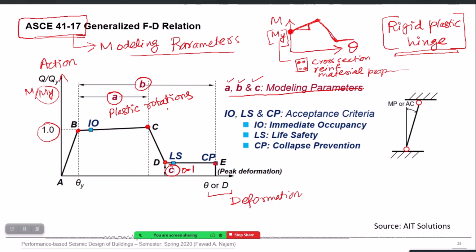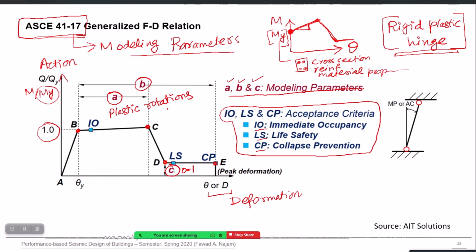The second thing which ASCE 41 also provides is called the acceptance criteria, or the capacities, and it provides three numbers actually, each corresponding to a particular performance level. There are three standard performance levels we generally use in the performance based design of reinforced concrete buildings: immediate occupancy, then life safety, and collapse prevention.